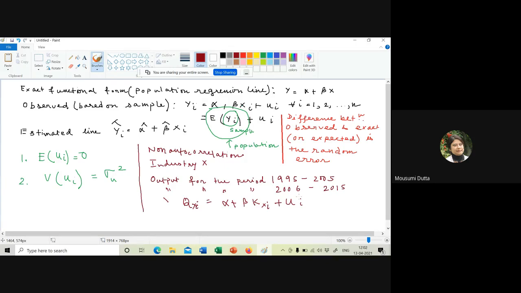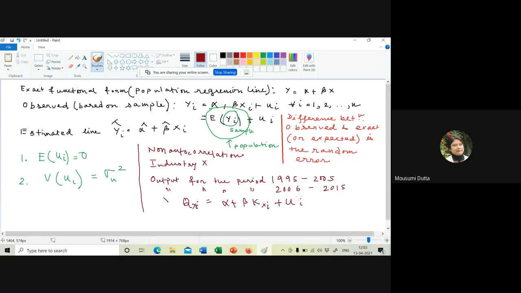After estimating the first equation, when for the same industry I estimate the same model for the second period, 2006 to 2015, we will find that almost all of the 15 variables which may have an impact on output, or at least 12 of the 15 variables, are still working, and then say 10 new variables.